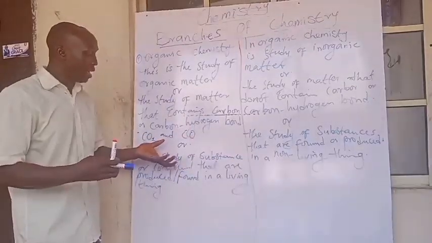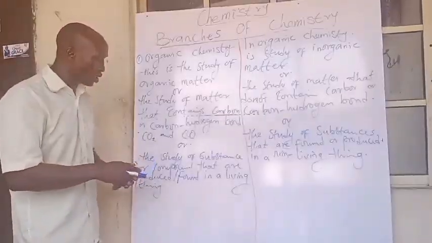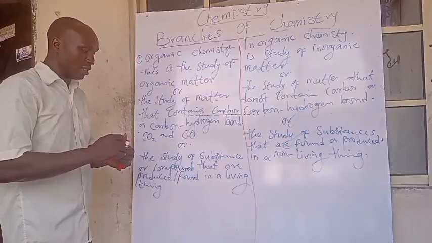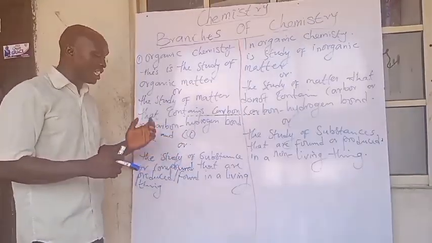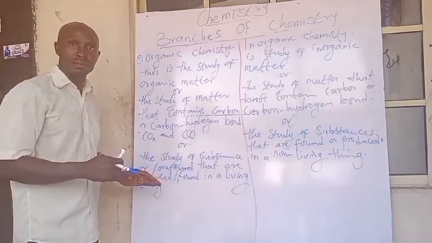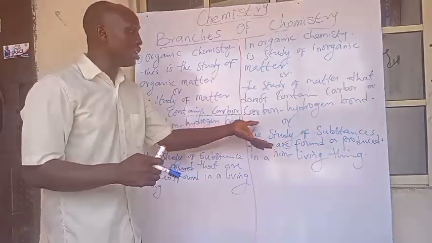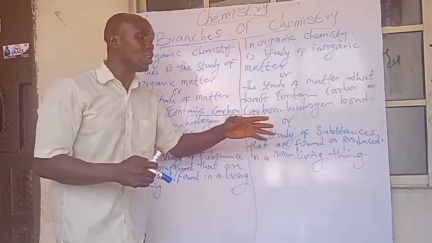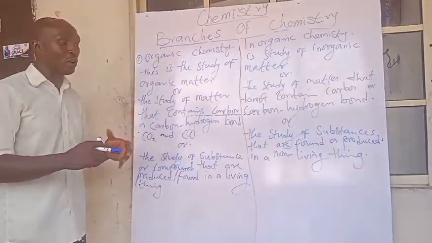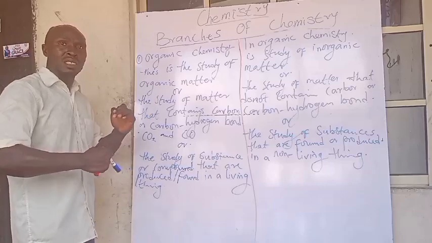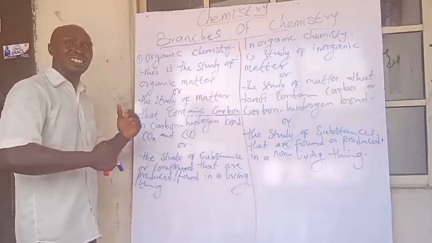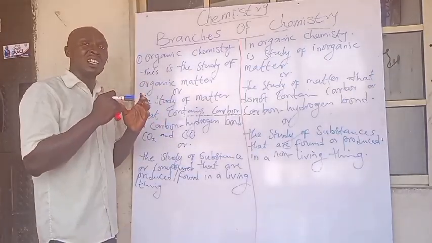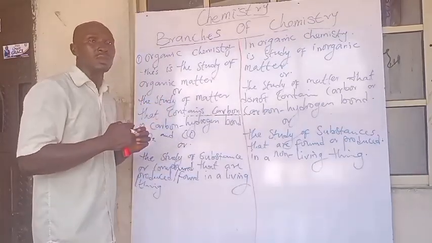For organic matter, they are found or produced in a living thing, while for inorganic chemistry, they are found or produced in a non-living thing. Therefore, we are now getting to understand what these two branches are, and what an organic matter and a non-organic matter are.